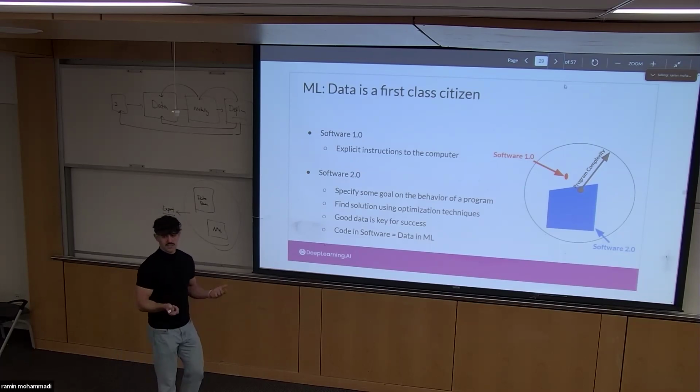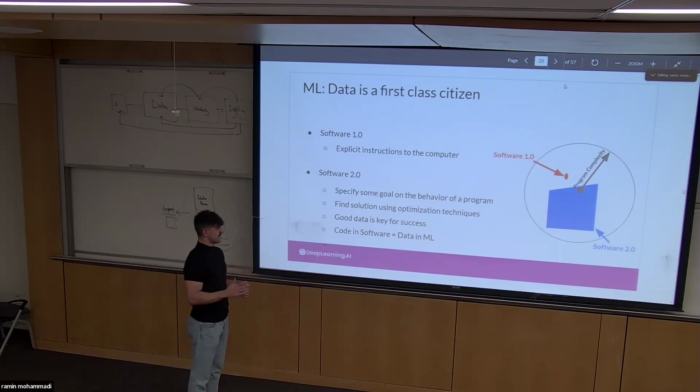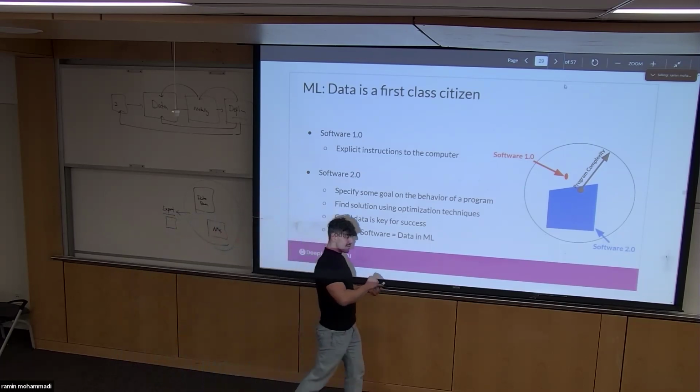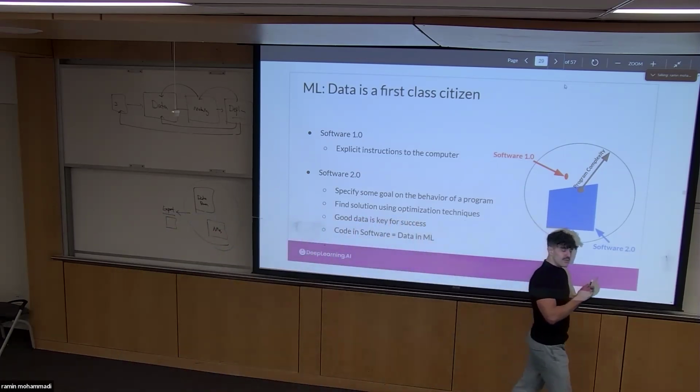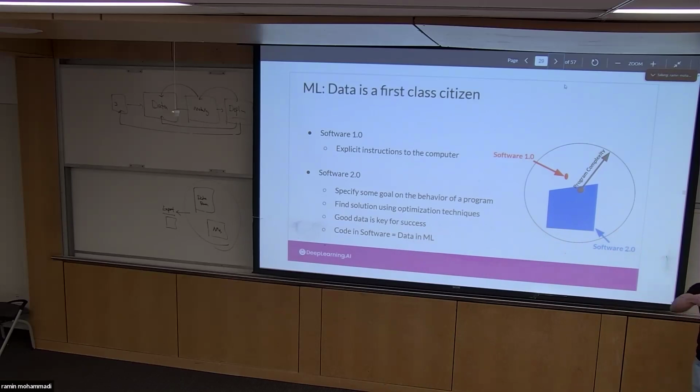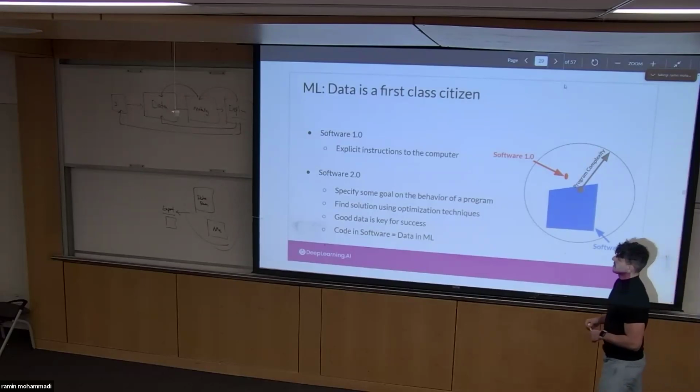Software 2.0, technically, you can think of it like we don't give the instructions to the computer. We give the data to the model and say, you find out the instructions. That's basically how we train machine learning models. You have the data, you let the model learn the patterns, how to map from X to Y. So that becomes software 2.0.